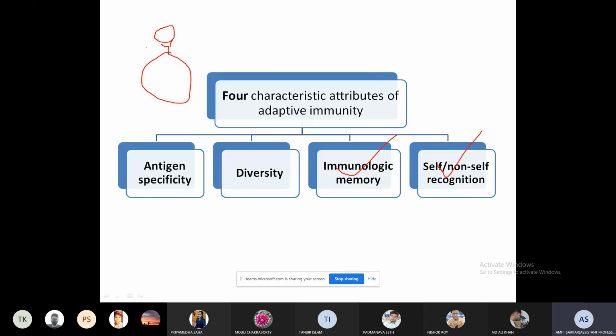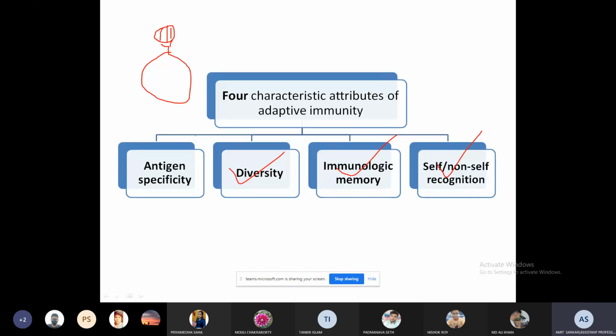But this particular microorganism, there's a chance that maybe it doesn't exist in the universe. So this B cell will be useless for our entire life, but it is there. If something comes up, it will bind to that microorganism or that protein. So this way, a huge diversity of antibody molecules is found.